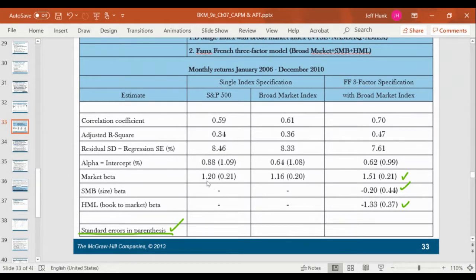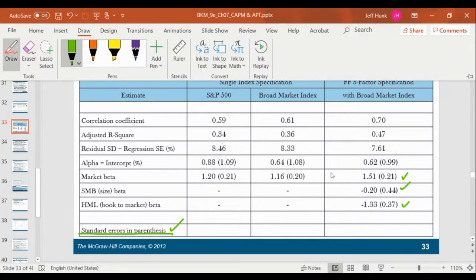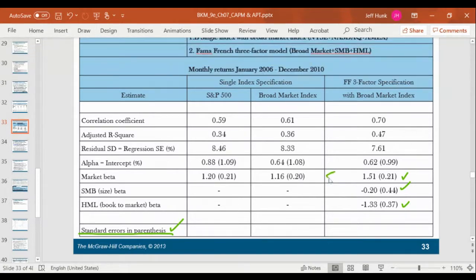Of course, we have only one beta because only one explanatory variable, 1.2. In the two-factor model, 1.16, and in the three-factor model, market beta is 1.51. So you might say, it looks like even market beta improved.